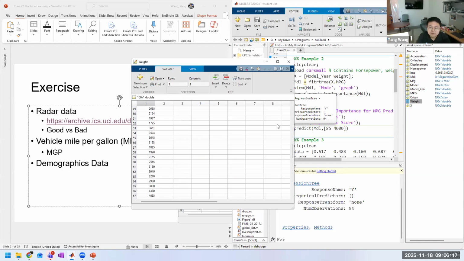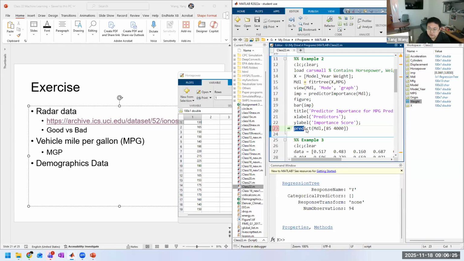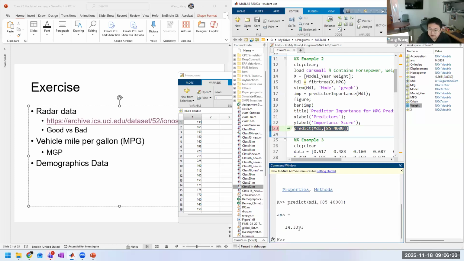So now let's say that we have a new vehicle that has a weight of 4,000 pounds, and the model year is 85. With the model, we can just use a predict function. So we can predict using the model and the 2 parameters to predict the miles per gallon.